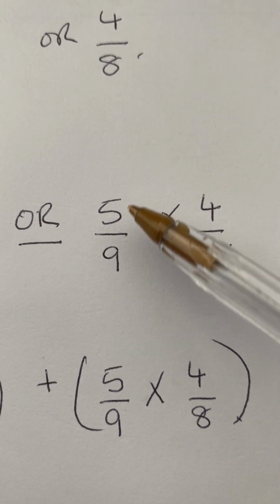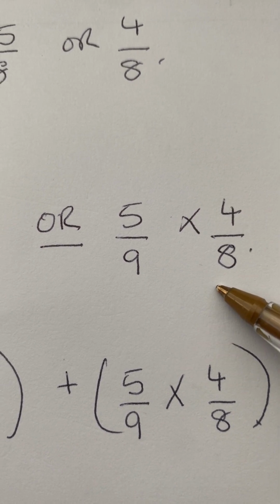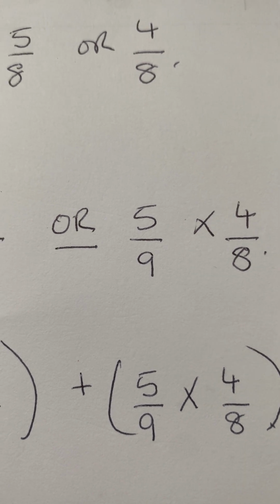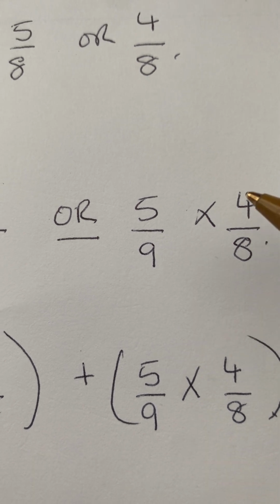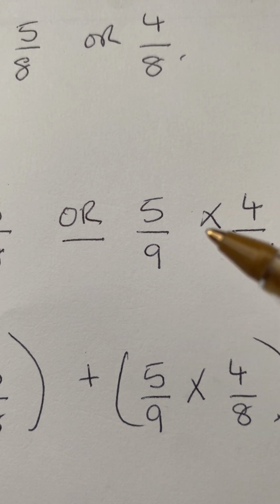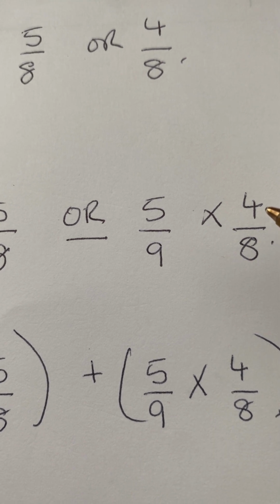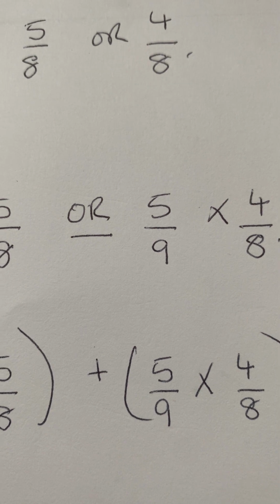Or you can have 5/9 times 4/8. Again, at least one is blue. So 4/9, you've picked one again, and then you have 4/8 and it's not blue.